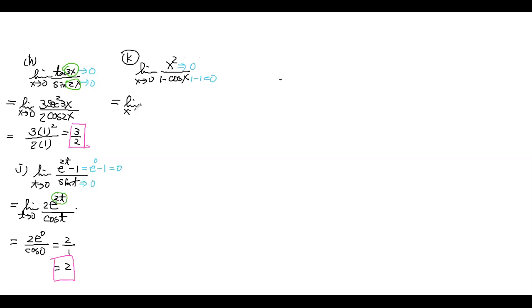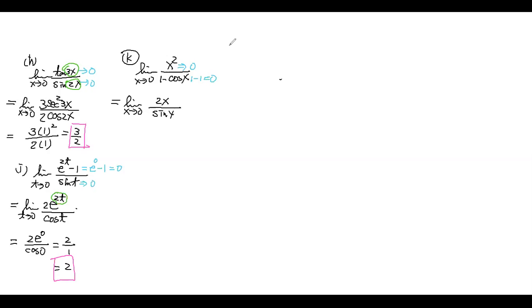L'Hopital's rule, right? The derivative of x squared is 2x. 1 minus cosine: the 1 is a constant, so its derivative disappears. The derivative of cosine is negative sine, so with the negative sign in front of it, it's sine x.